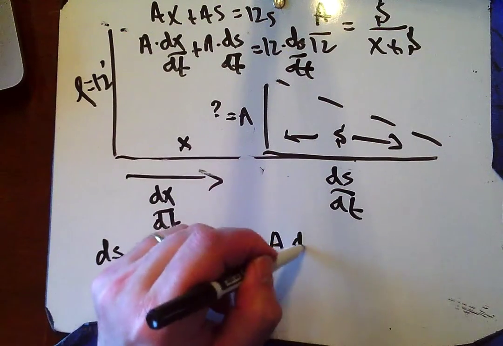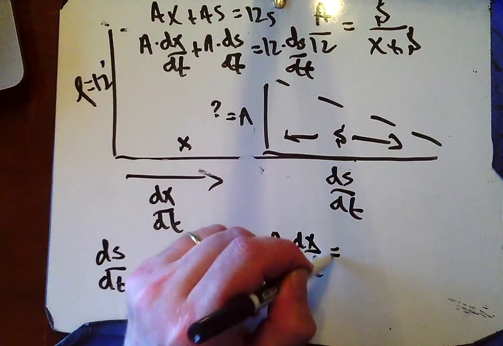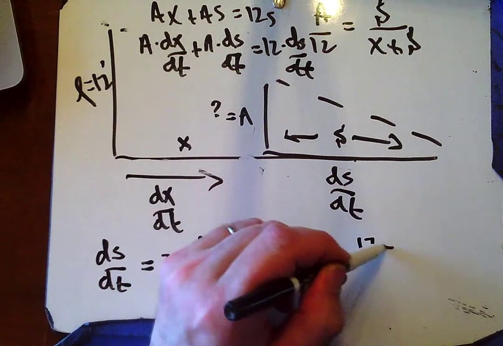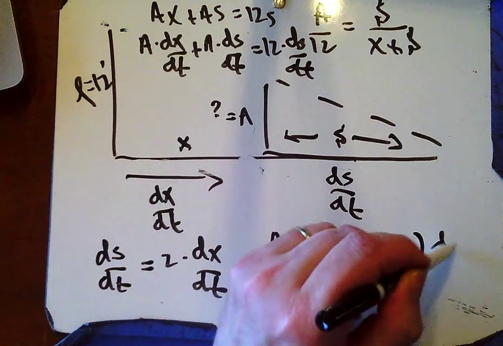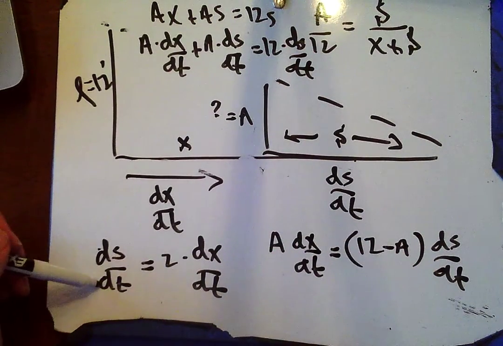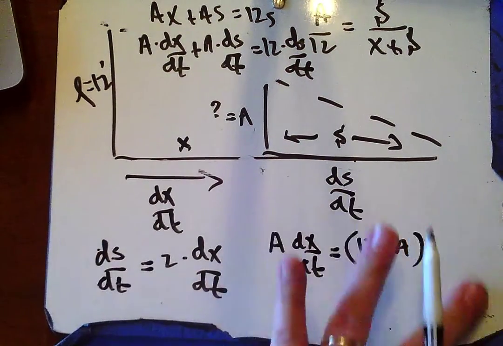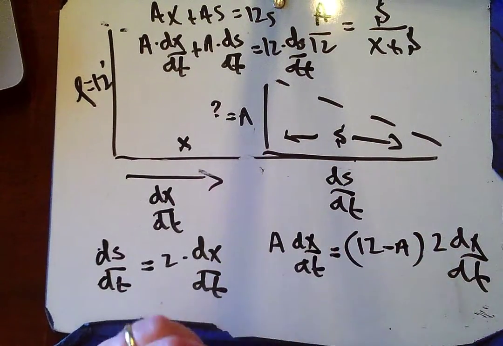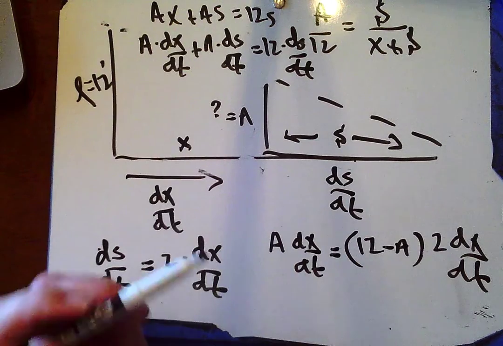So a dx dt equals 12 minus a ds dt. And what did we know? We knew that ds dt was 2 times dx dt. So let's go with 2 dx dt here. Oh look, we have dx dt on both sides.